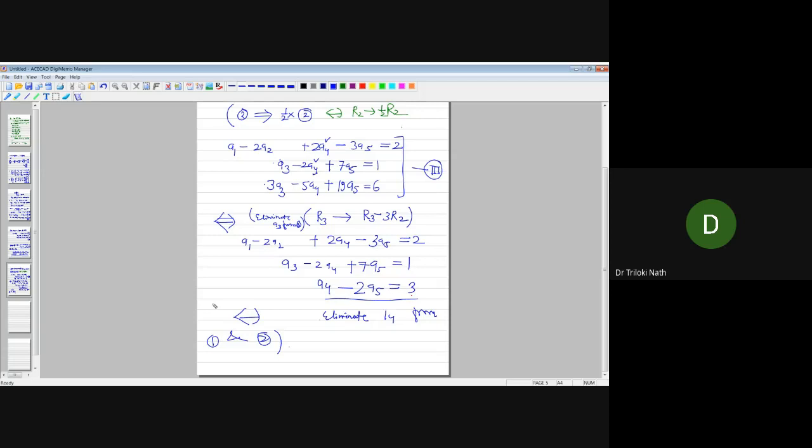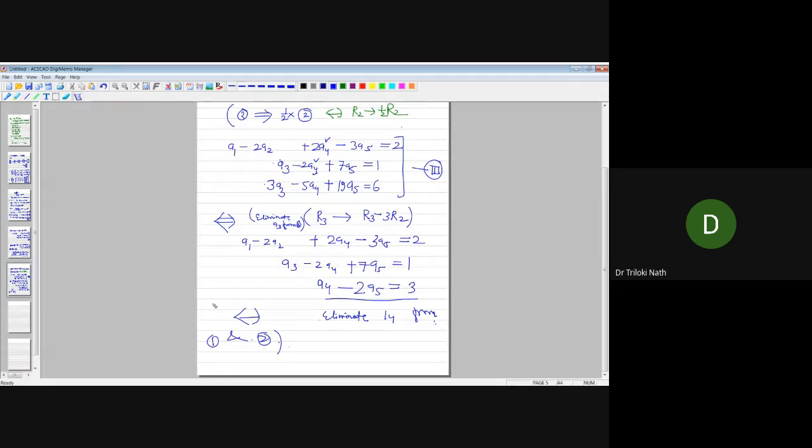If you use equation third in equation 1, then a1 and a2 are already involved, no others, and a4, a5 is there, so there is a chance to eliminate a4. But eliminating a4 from the third equation would involve a1, a2, or a3 also. That is the problem, so we eliminate a4 from equations 1 and 2.